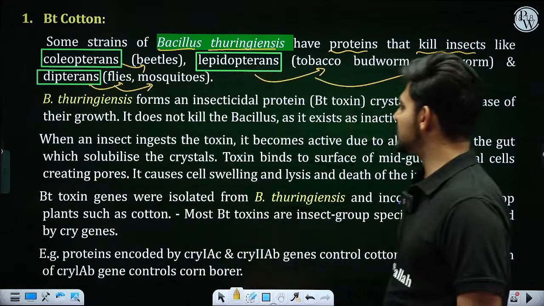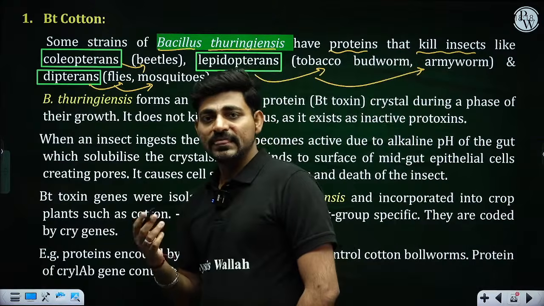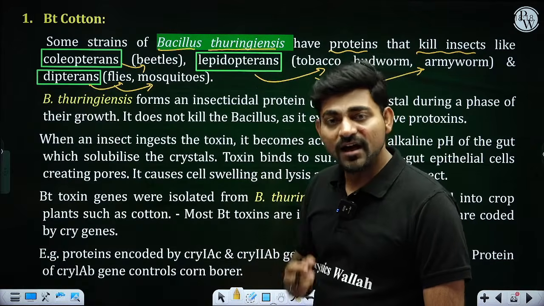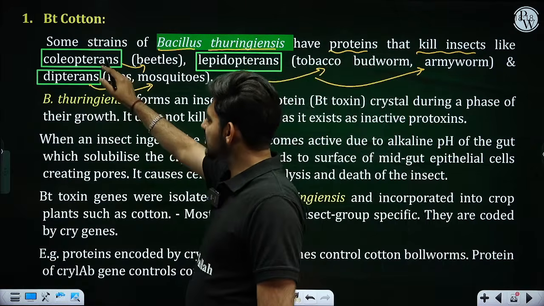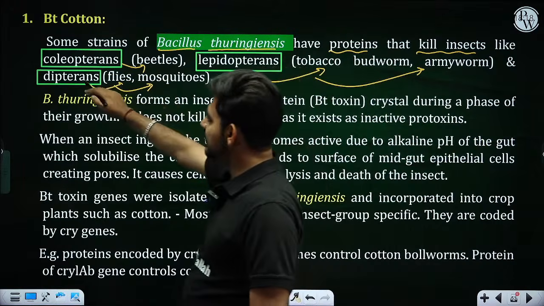So you need to remember this. The BT toxin produced by Bacillus thuringiensis bacteria is very much specific, that can only kill the larval stages of these insects, coleopterans, lepidopterans, and dipterans.